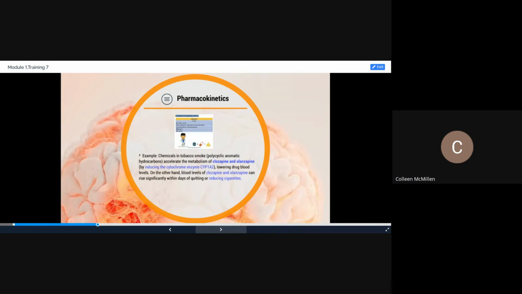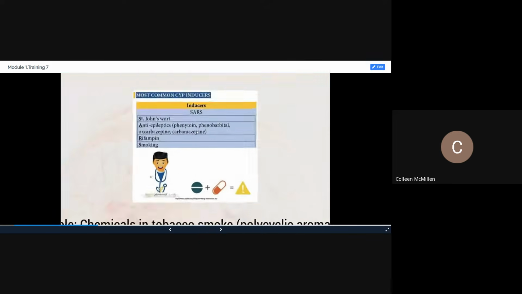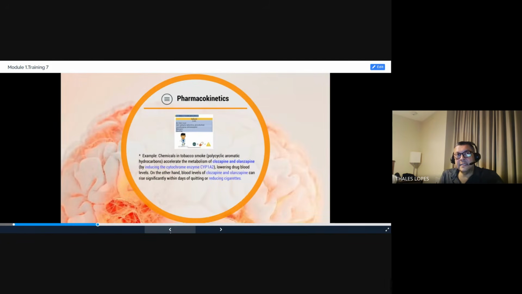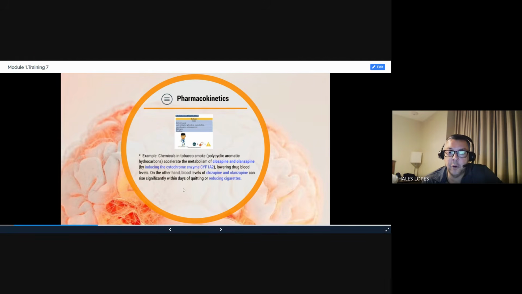Sure, go ahead. I don't know if this is necessarily board related. It's just something I've seen in clinicals is that a lot of my patients stopped smoking and went to vaping. Yeah, so it's not necessarily the nicotine, it is the burning mechanism, like burning charcoal would also produce these polycyclic aromatic hydrocarbons, right?